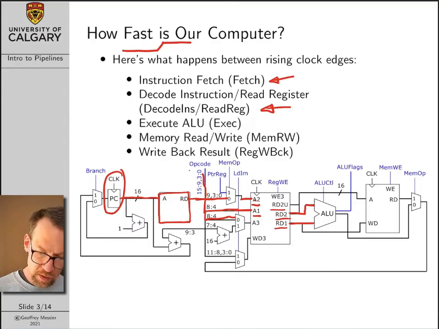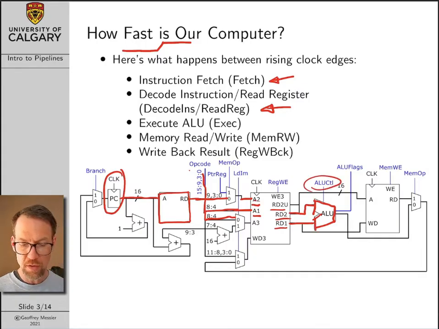So we feed some values into the ALU, we specify our mathematical operation with ALU control, and we get a result at the output. I'm going to refer to this part of our execution as the execute ALU or exec stage.